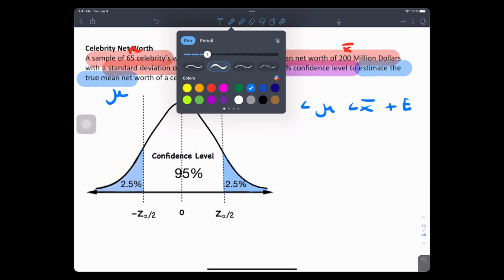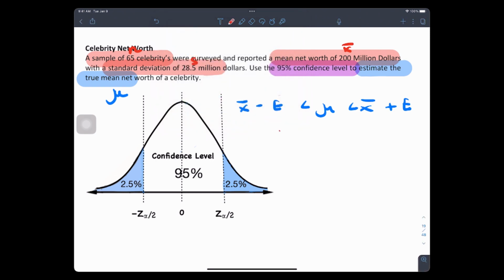And so all I do is write down the information. So from the sample, we know sample size is 65. The sample mean is, I'm going to put 200 million. I'm not going to put the real number there because it's going to be a lot of digits and it freaks people out. But I'm just going to say your answers are in millions.